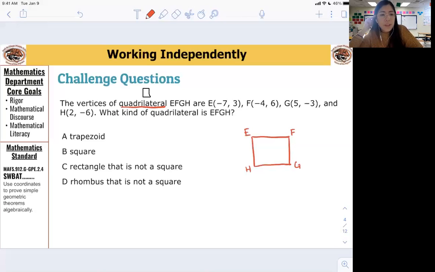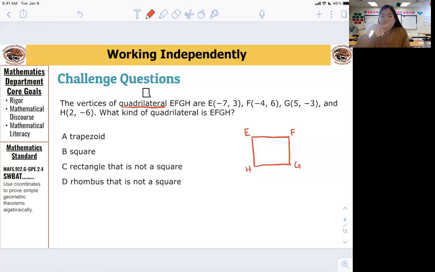All right, so the first thing that we can do is, out of all of our answer choices, what is something I can check for in order to possibly eliminate one or two answer choices? Okay, and Alejandro, figuring out the distance is a really good idea, but we're not going to learn how to do that until Friday.